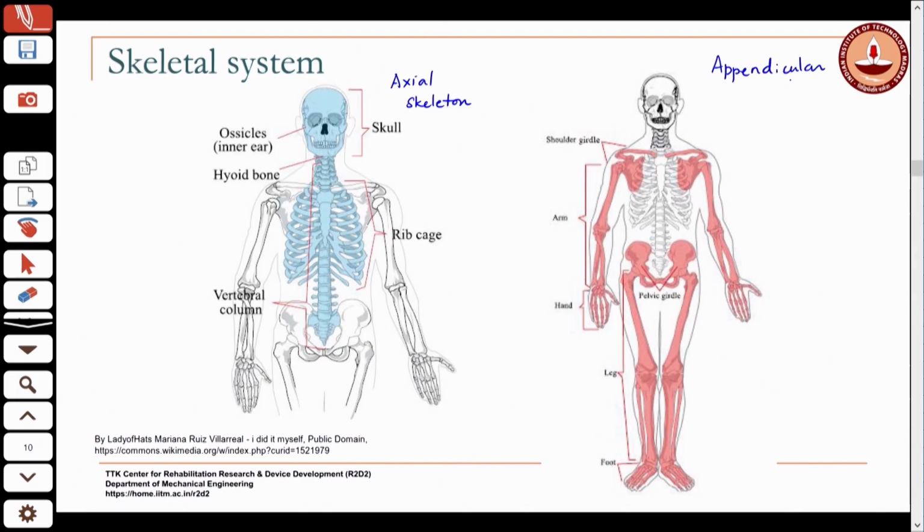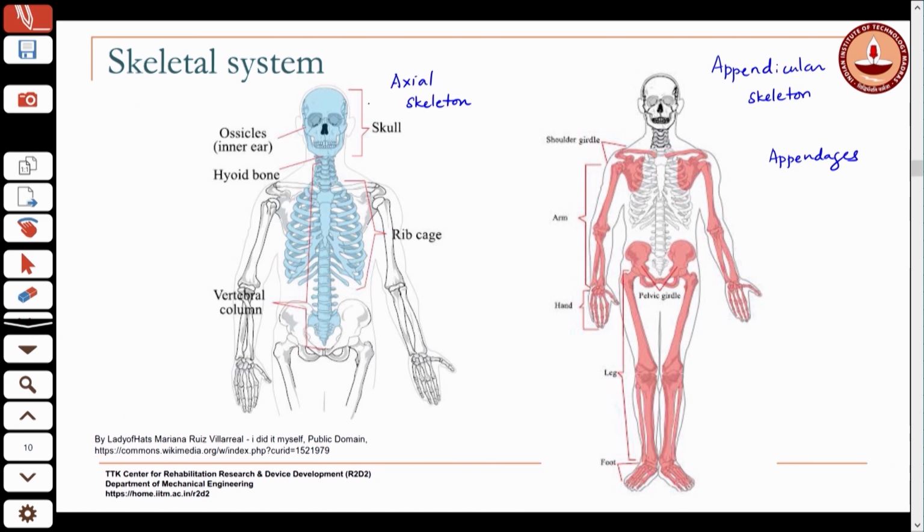So, to the axial skeleton you have some bones, appendages. You must have heard the word appendages. These are some extra things that are attached, right. So, the arms and the legs are the appendages that are attached to the central axial skeleton, and therefore, they form part of the appendicular skeleton.